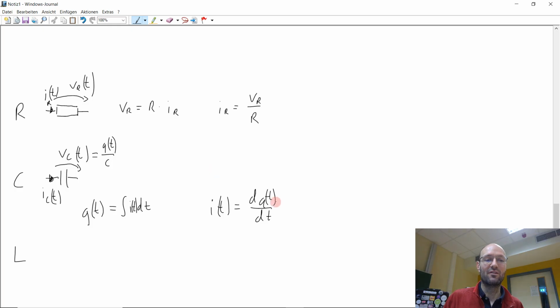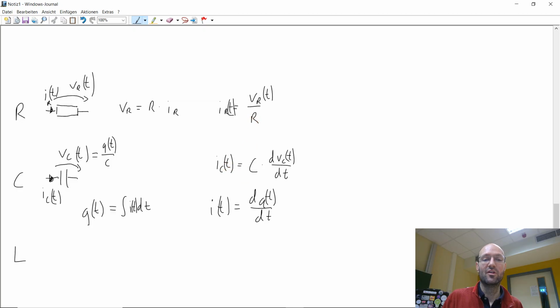And so now if we say our charge here is voltage times capacitance, then we get that the current through the capacitor is capacitance times the time derivative of the voltage drop across the capacitor. Here, for the resistor, it's just voltage divided by resistance.